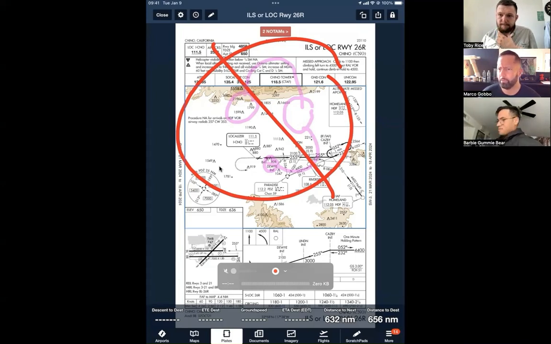I overflew the airport 1,000 feet above the pattern altitude, waiting for the light gun signals. They gave me the light gun signals. I did everything correct. So I cannot imagine. And then later on, the problem was the cable from the battery. It got unplugged. So transponder, everything was off. You know what I mean? So I cannot imagine something like that happening if I was IFR and in IMC. That's crazy that kind of stuff happens.